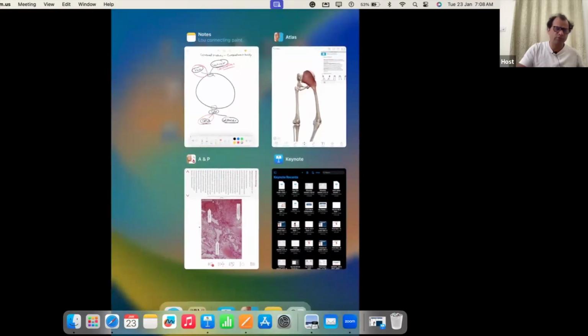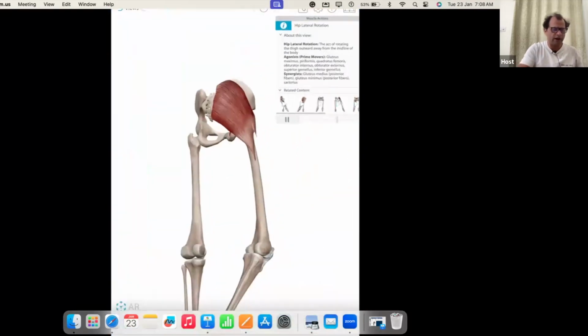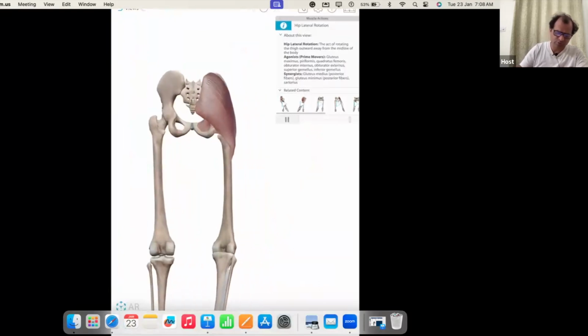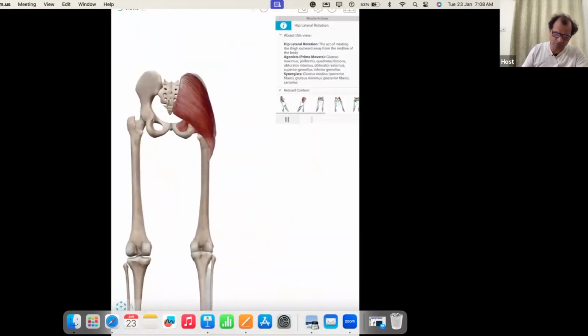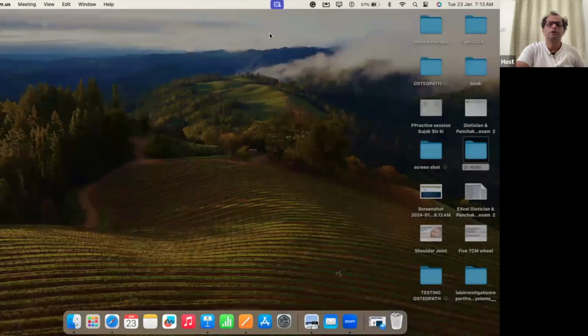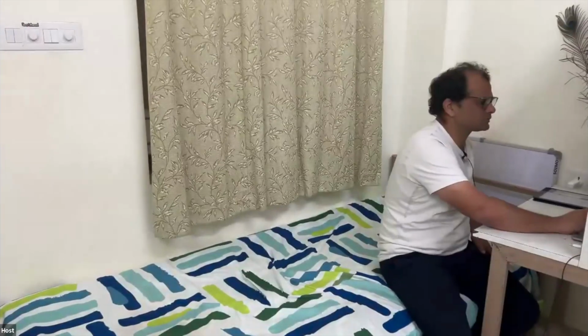So let's do this movement and remember at least 2 muscles from the lateral rotation, gluteus and piriformis. And for seeing the detailed description, go to the video where we have discussed all the 7 muscles.